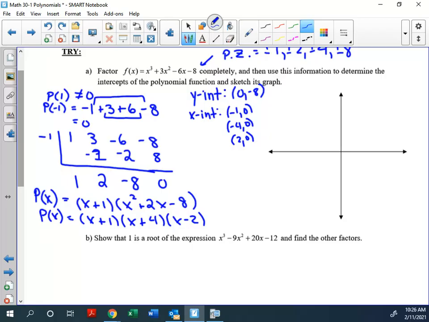This is a degree 3 with a positive leading coefficient. So it's like a line with a positive slope, starting in quadrant 3, ending in quadrant 1. Y-intercept of -8, x-intercepts of -1, -4, and 2. We go up, down, up.